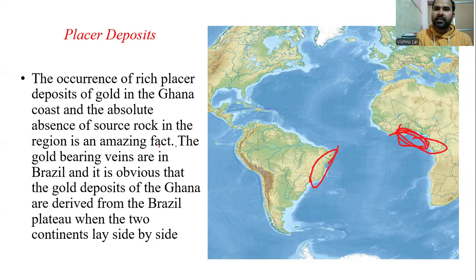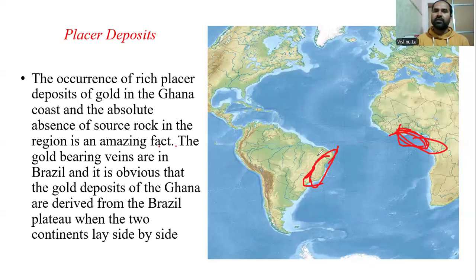The source rock is in Brazil, the Brazilian highland. So it is quite surprising that along the Ghana coast there are rich deposits of gold veins, but a complete absence of source rock. So it shows that the gold veins of the Ghana coast came from the Brazilian highland when they were joined together.